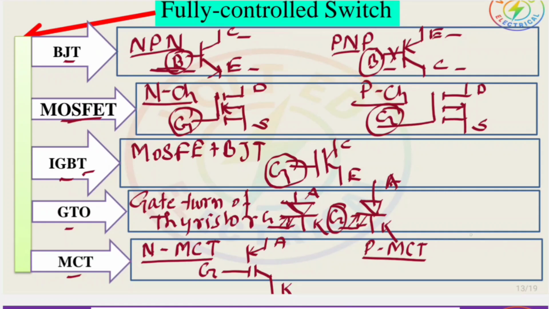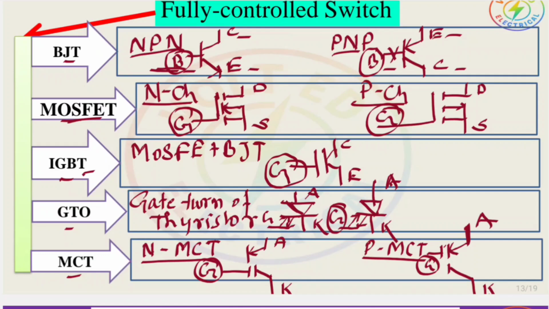In the case of the PMCT type, this is the gate terminal, this is the cathode, and this is the anode. Here also the gate terminal is present, so by using this gate terminal, it can be turned on and turned off. So that's why this is also called a fully controlled switch. So these are the examples and explanation of fully controlled switches.